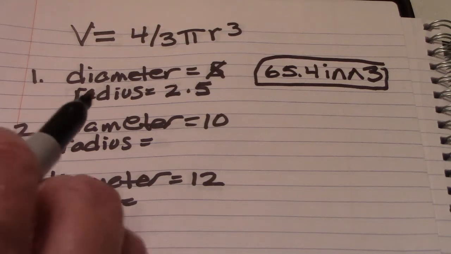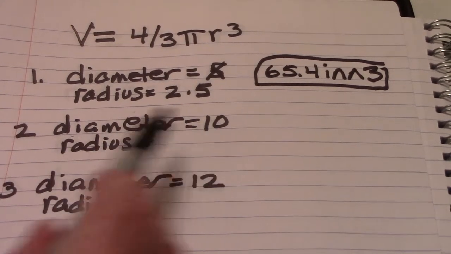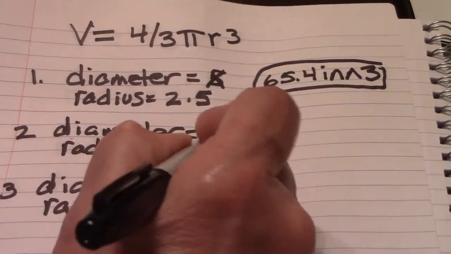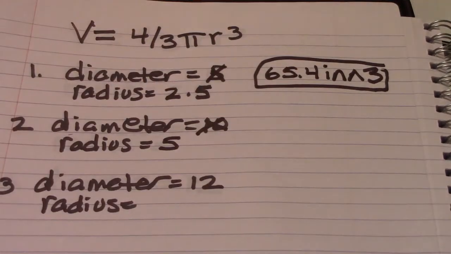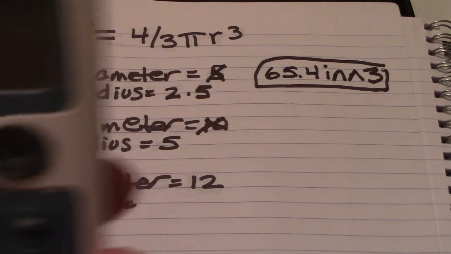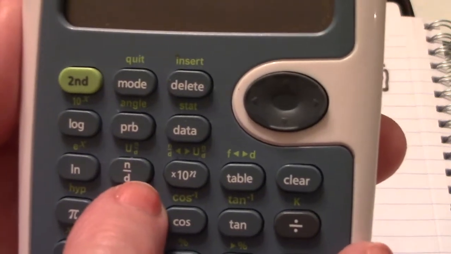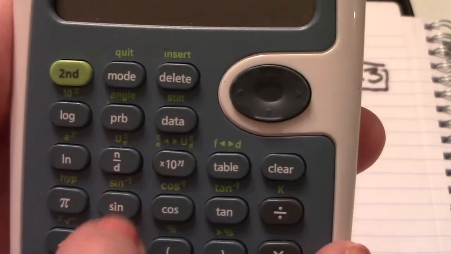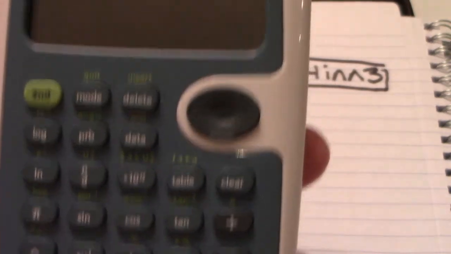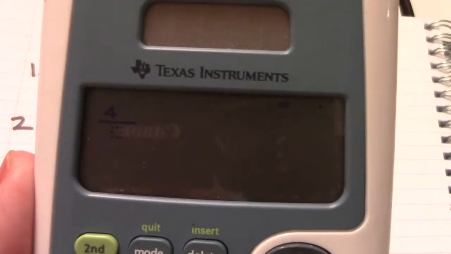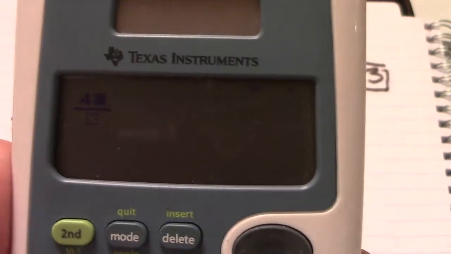All right, let's try another one. The diameter is 10. I know the radius is half the diameter, so the radius is 5. Now again, there's two ways to do this. I can hit the fraction button. Now watch what happens when I type in my 4. Do you see my 4 is in the numerator?